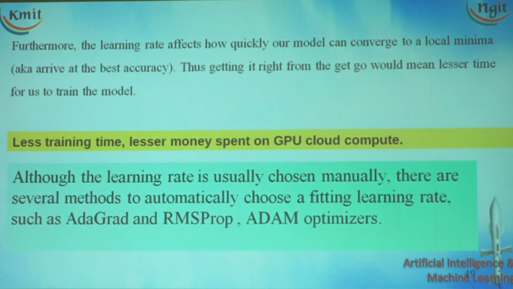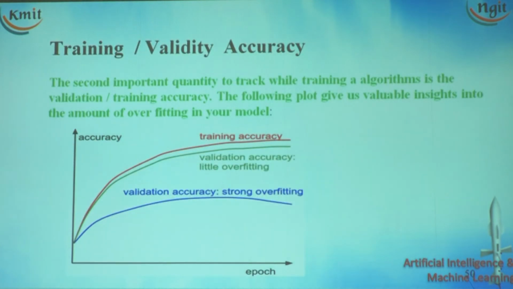The gradient descent concept is the same, but based on these optimizers, the tuning parameter, that is the learning rate, will be modified. Generally we use these optimizers in deep learning concepts, and generally for regular machine learning we will not use them.